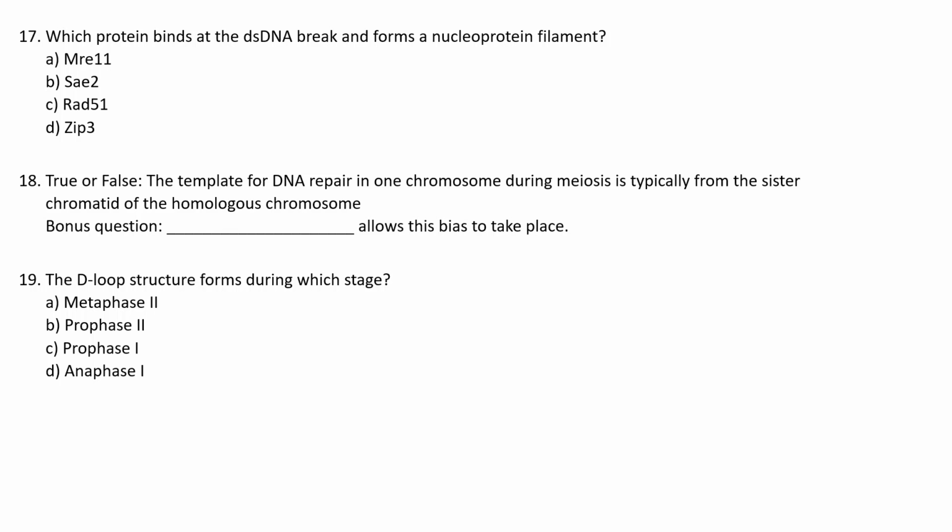Yeah, so you're right, Tanishka. It is C, prophase 1. Very good. That is where recombination is taking place in pachytene, which is part of prophase 1. So of course you'll get to see this D loop in prophase 1. That is just a little extrapolation that you have to make there. So it's correct, it is option C.